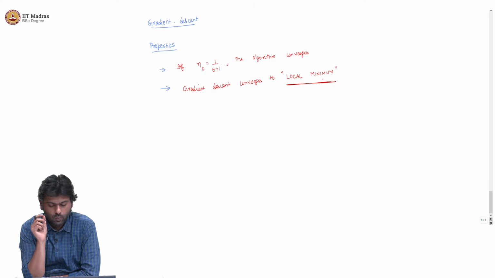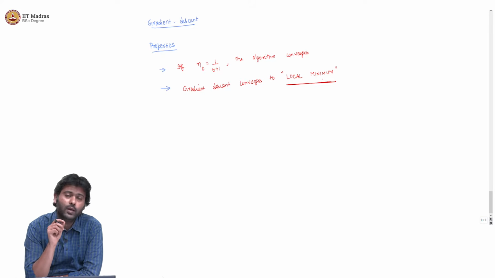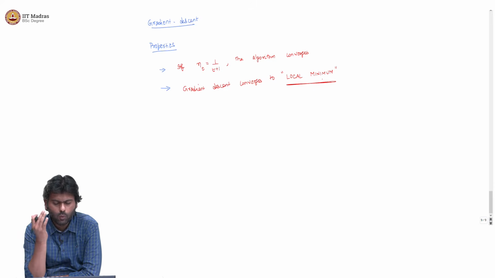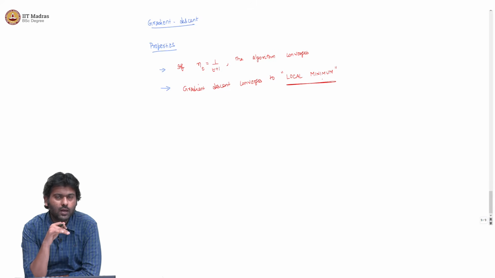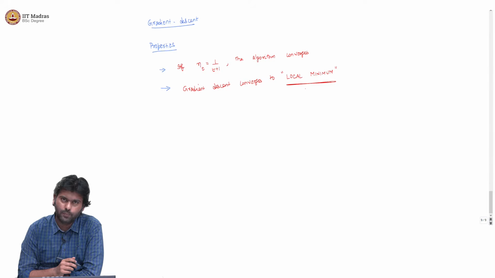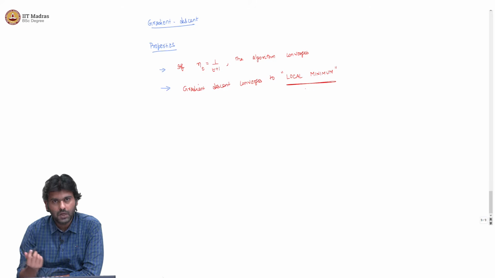Now, what we wanted to get is the minimum of a function. What I am claiming is that this gradient descent algorithm that we just proposed, which is a very easy algorithm, converges to what is called a local minimum. Now, what is a local minimum? What is the difference between a local minimum and a minimum?